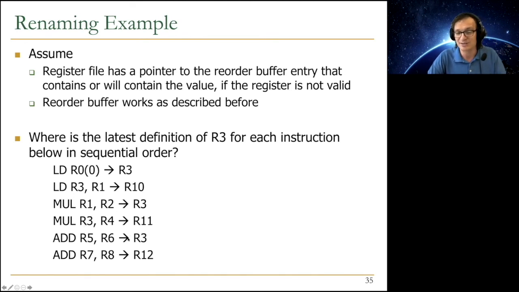This add will write to reorder buffer entry 4. And clearly you can see that there's no R3 being sourced after that, at least in this program. So basically, it's a very simple approach that you can think about intuitively, and you can simulate in your head even without drawing, as I just did.